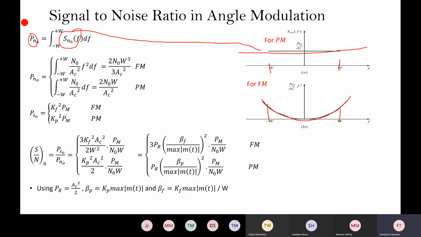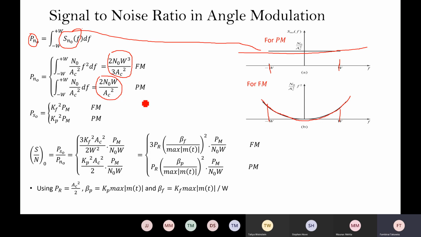Now, with that, we can calculate our noise power, and what we will find is that the noise power in the case of frequency modulation would be given by 2 N0 W cubed upon 3 Ac squared, and in the case of phase modulation, it will be given by a slightly simpler expression.